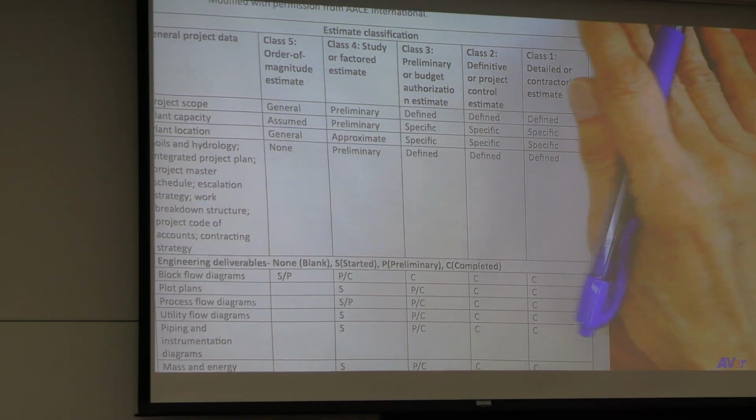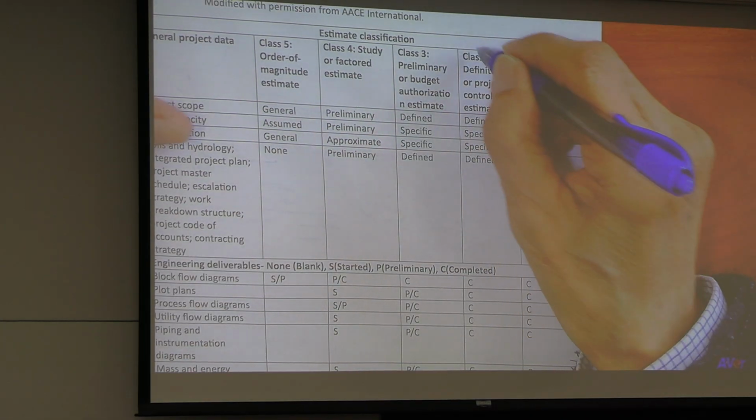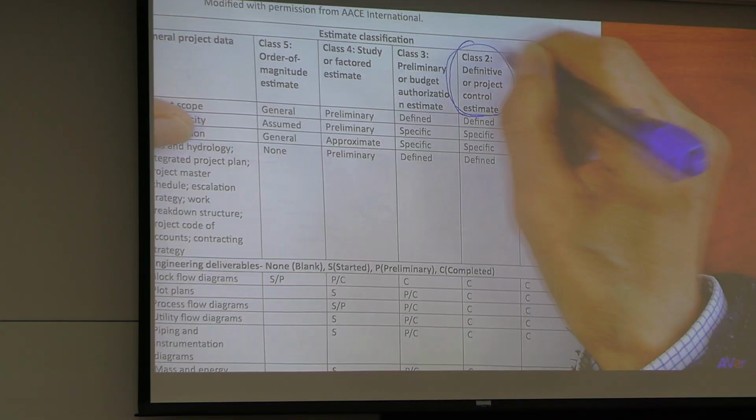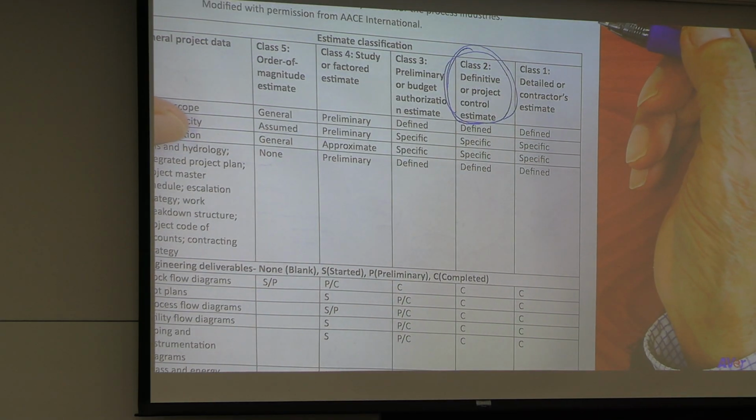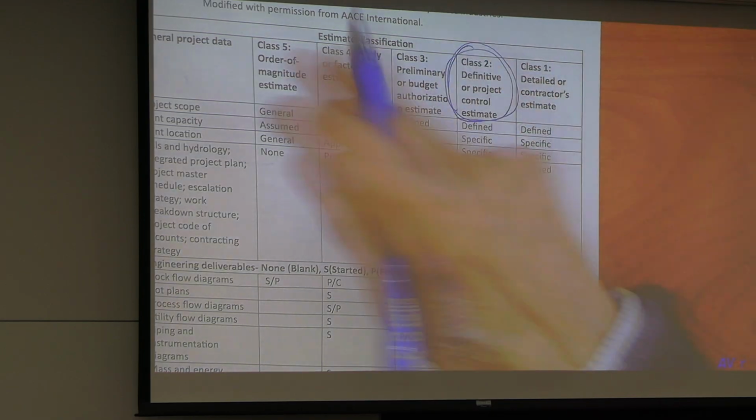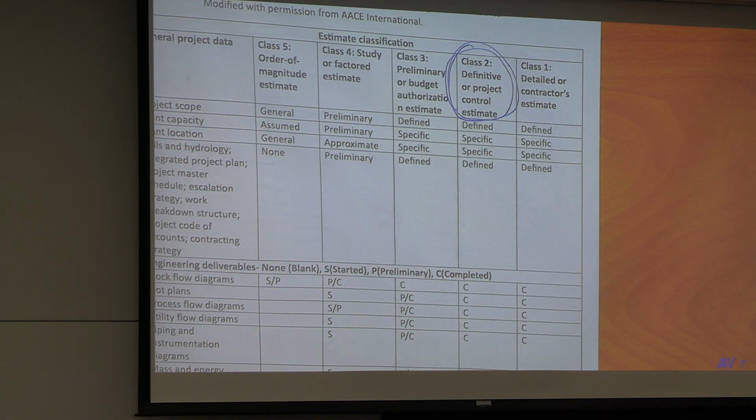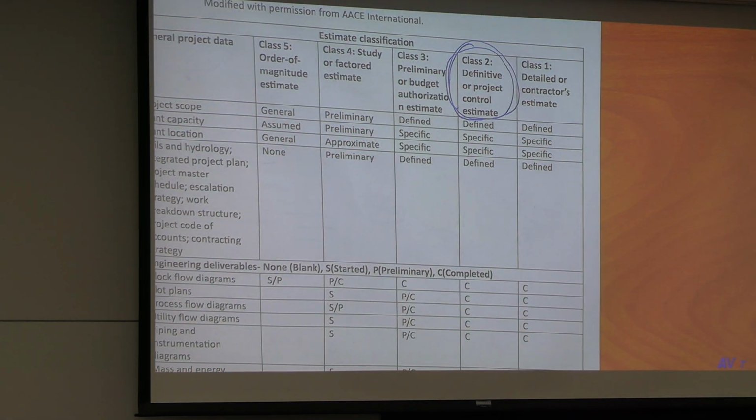All right, keep going. Page 6. Class 2. What information do you need? You got all this here.